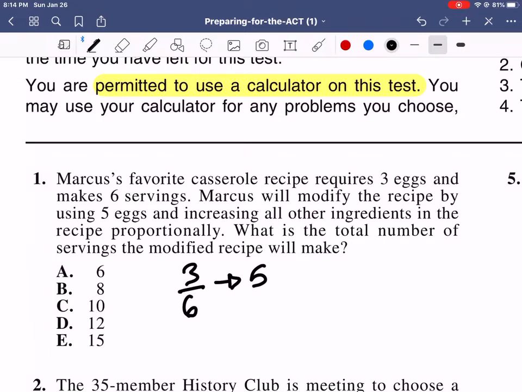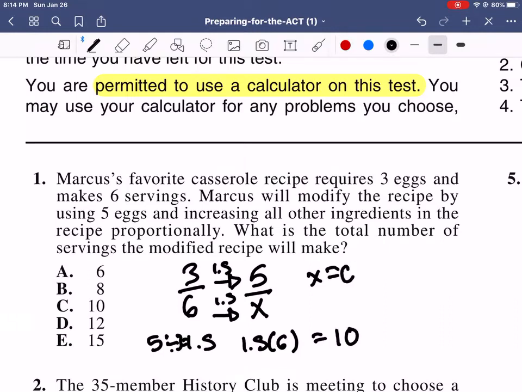So you could either do the crisscross method or divide 5 by 3. So 5 divided by 3 is 1.5, and 1.5 times 6 is 10.